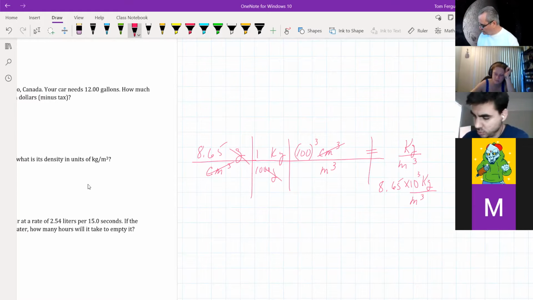So that's equivalent to 8.65 times 10 cubed kilograms per cubic meter.